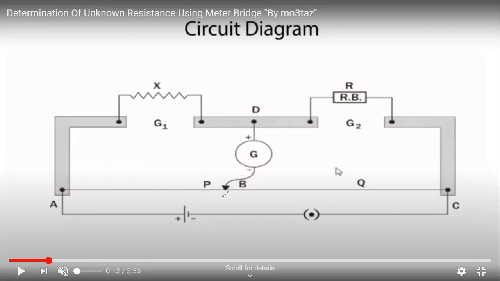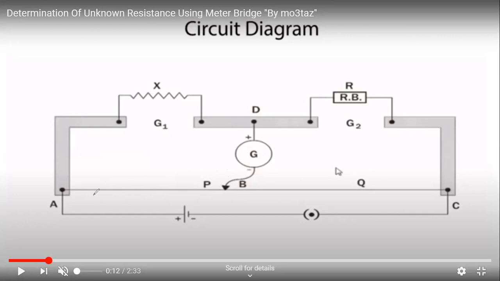The position of the sliding contact on the meter bridge wire at which the galvanometer shows zero deflection is called the null point, and the length AB is called the balancing length.